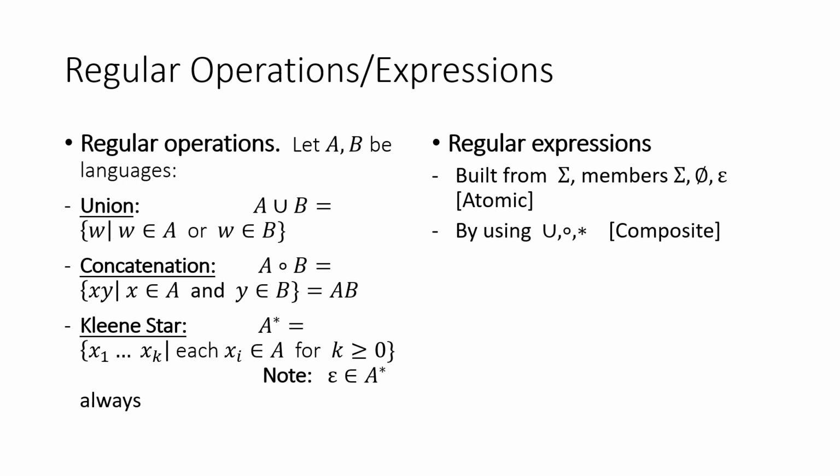And so that's where you're going to use union, concatenation, or star to build up more complicated languages. And it turns out that all of the languages that we are writing that are regular can be written either as these atomic expressions, like just letters or empty, or the union, concatenation, or Kleene star of smaller languages.